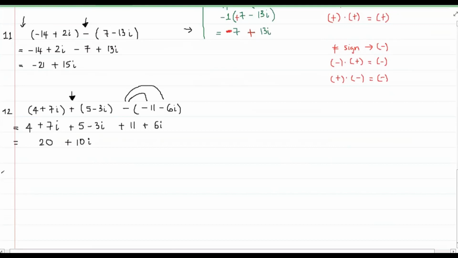Okay, number 13. We have 6 minus 7i minus negative 3 minus 9i minus 1 plus 16i.